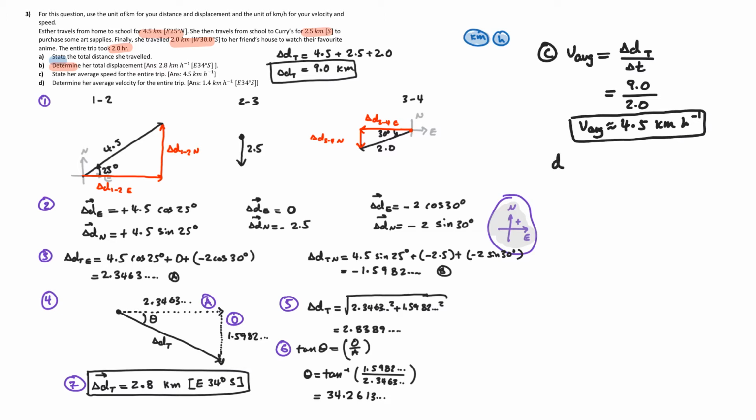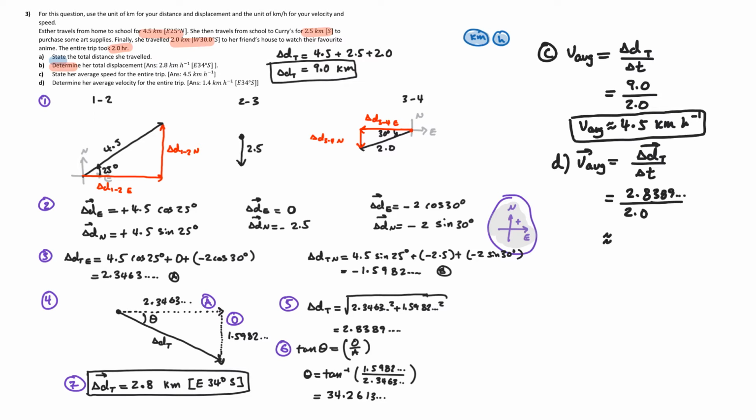And for part D of the question, I have to determine the average velocity. So for average velocity, now I will put the arrow. That is the total displacement over the total time. The total displacement is 2.8 kilometers divided by 2.0, actually I have to put the exact value, 2.8389.